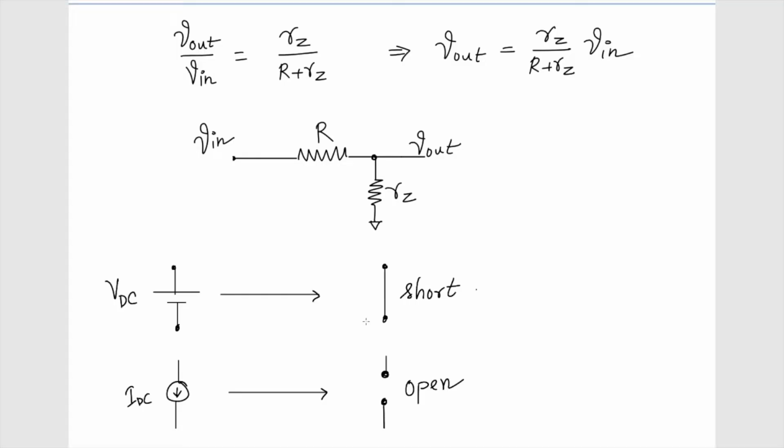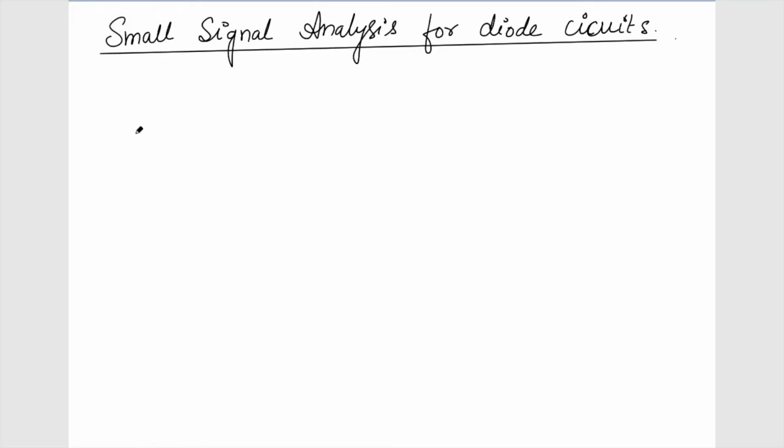Okay, so let's try to understand the small signal analysis if we are given a diode circuit. Let's consider a very simple diode circuit. Maybe we have this input VIN, which has both the AC and the DC component, and we have a resistor here.